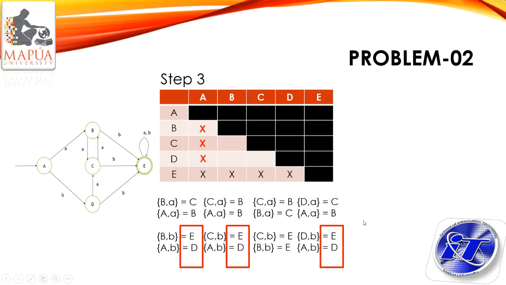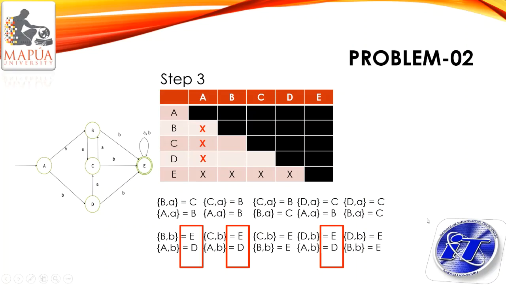Now let's proceed with BD. D at A still goes to C, B at A will go to C, so CC is unmarked. Let's proceed with B. D at B will go to E, B at E will go to E, and EE is still not marked.